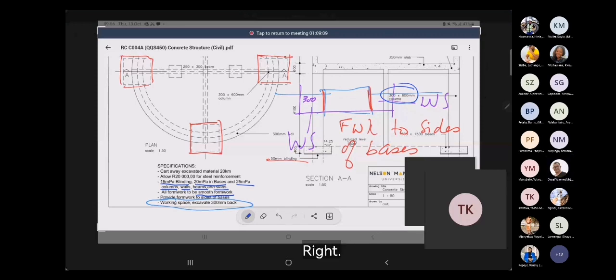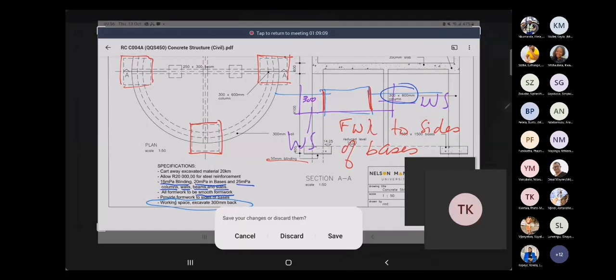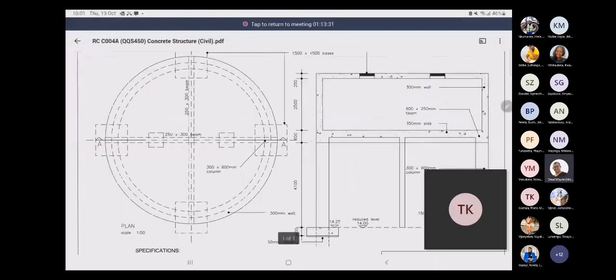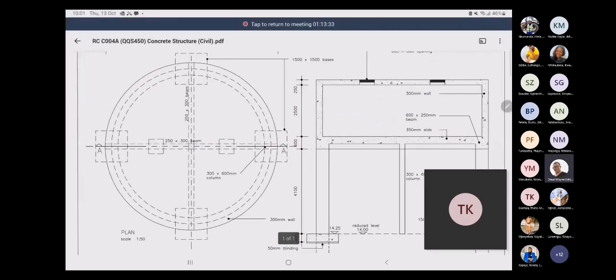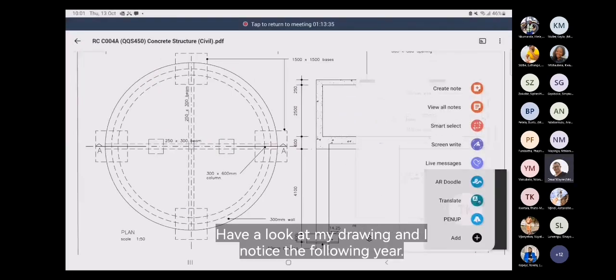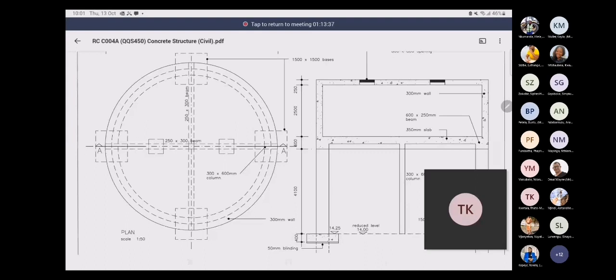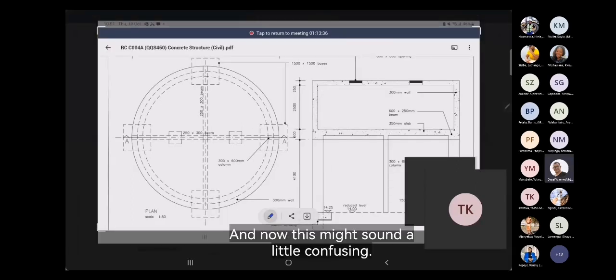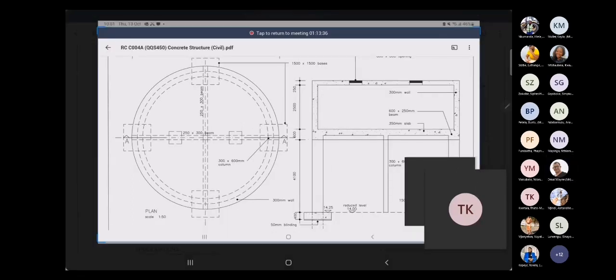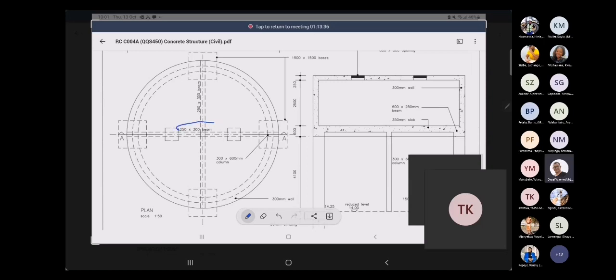Right? Now look at my drawing, and as I have a look at my drawing, I notice the following here. And now this might sound a little confusing.